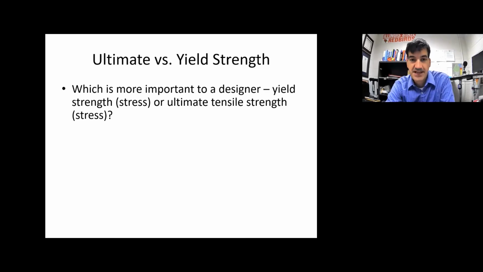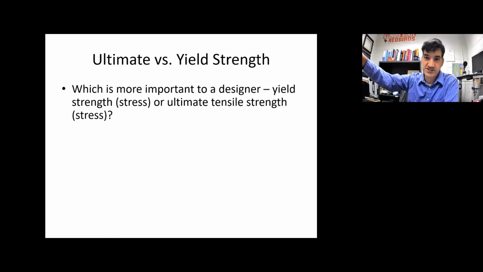Do you want plastic deformation to occur in the support beam in your vehicle chassis or in your bridge beam? When a really heavy semi-truck drives over your bridge, do you want plastic deformation to occur in your bridge? And usually when I phrase it like that, people are like, oh, yeah, not really.